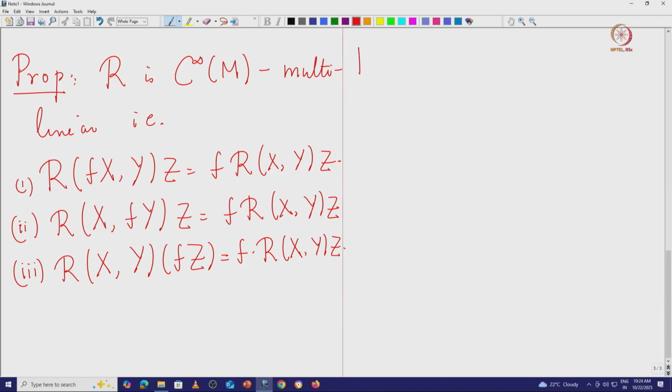Okay, so the proof is actually, I mean, you just write down the definition and use the Leibniz rule over and over again. So maybe I'll leave 1 and 2 as exercises and only prove one of these, namely the third one.